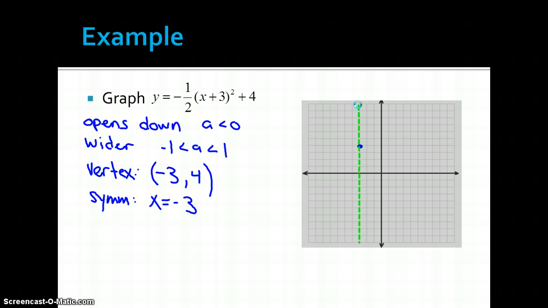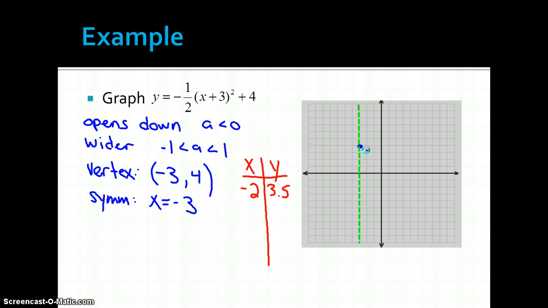So if we make our table of values, when x is -2, I get +1, +1 squared, times -1/2 is -1/2. This will give me 3.5. So I go to -2 and 3.5 right there.